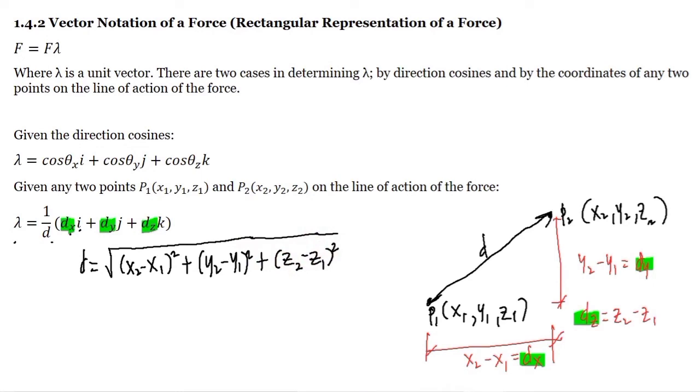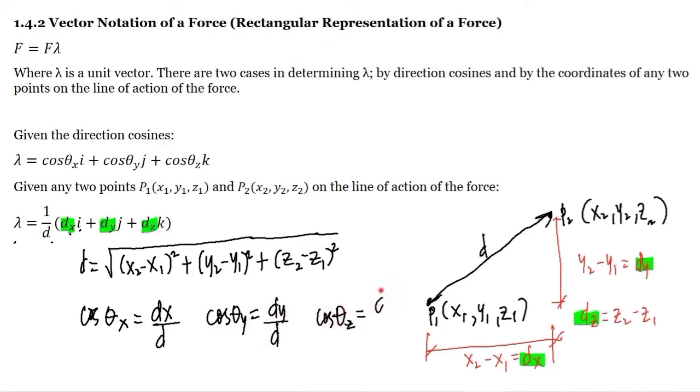How about the direction cosines? For the direction cosines, the cosine of theta x is just equal to dx over d, the cosine of theta y is equal to dy over d, and the cosine of theta z is just dz over d.